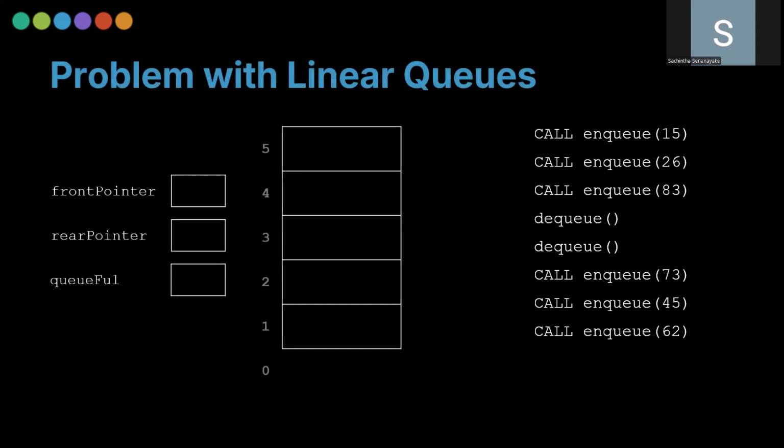Now, let's understand a problem with linear queues. Let's go through these operations of a queue, guys, and see what exactly happens to our linear queue as a result. At the exam, you may get questions like this, where you're supposed to execute these function calls and procedure calls on a linear queue and see what the output is, and you might get the same for stacks as well, where they give you a bunch of operations to perform on a stack or queue.